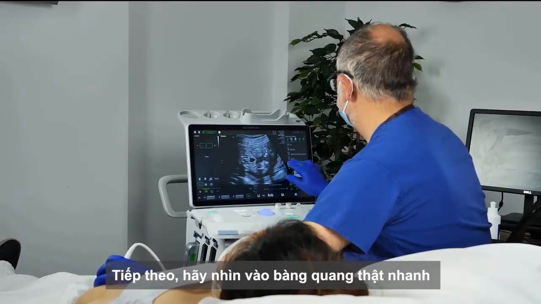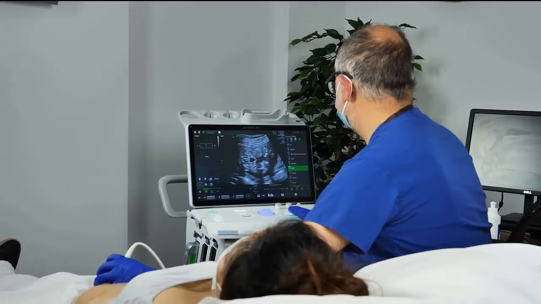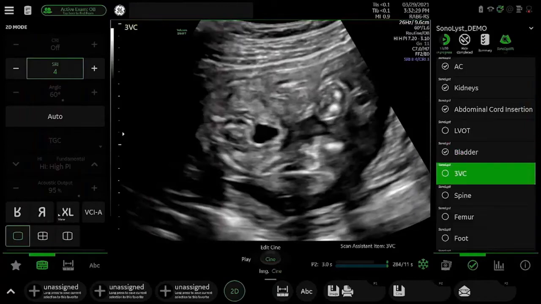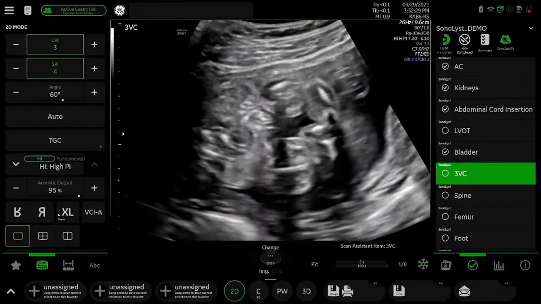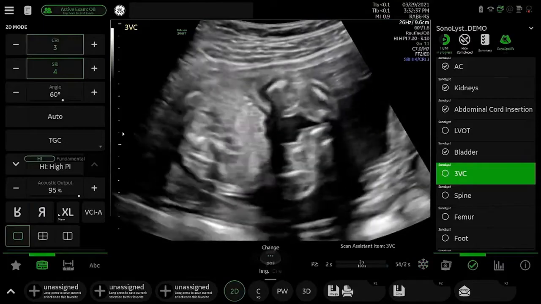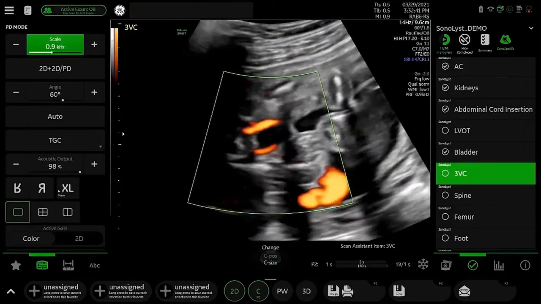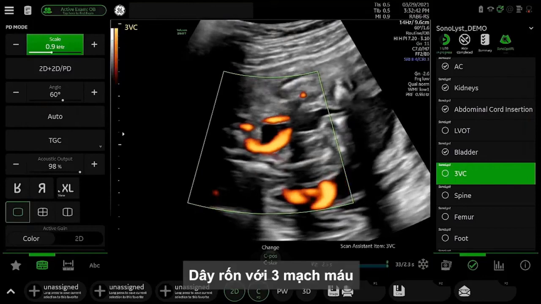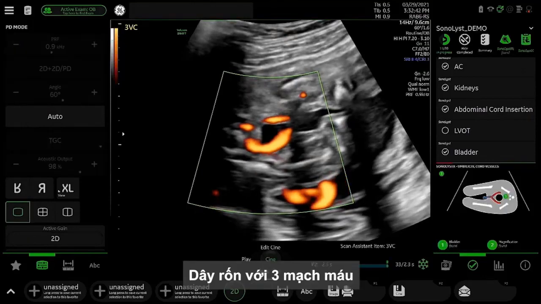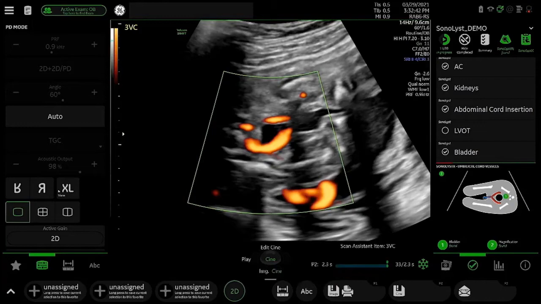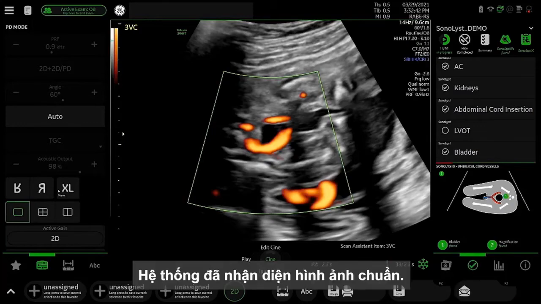Okay. Just quickly show the bladder. Good. Three vessel umbilical cord. Yep. Found and seen.